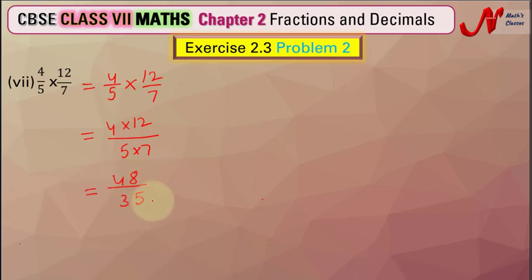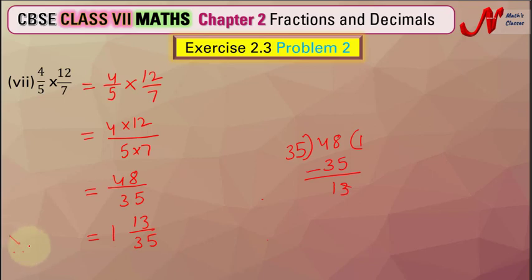Here 48 by 35 is an improper fraction, so we can write it as a mixed fraction. So we divide numerator 48 with the denominator 35. 35 ones are 35. By subtracting we get 13, which can be written as 1 13 by 35.